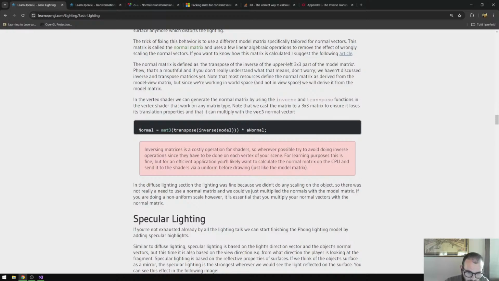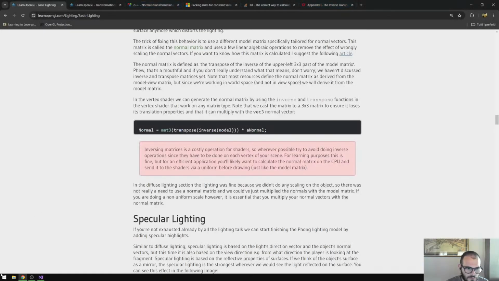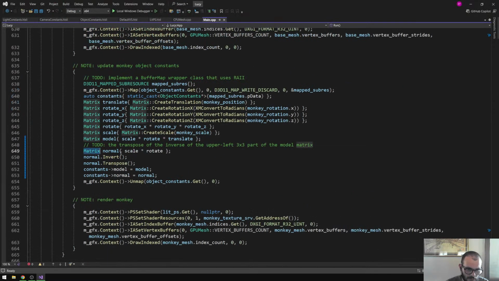So inverting matrices is a costly operation for shaders. Instead of working with 3x3 matrices, here we just work with our 4x4 matrix, and just use the scale and the rotate. The translation is not useless, it's incorrect for normals, because they are direction vectors, and direction vectors should not be translated.